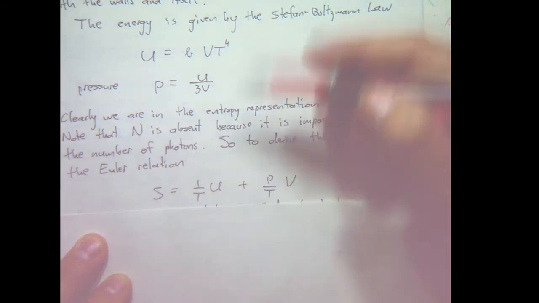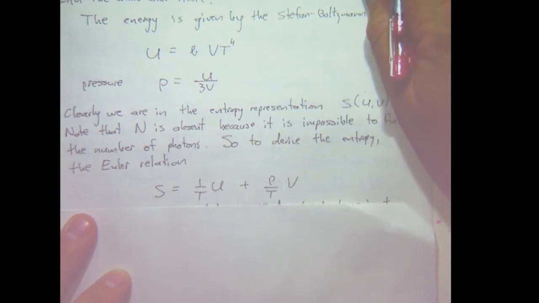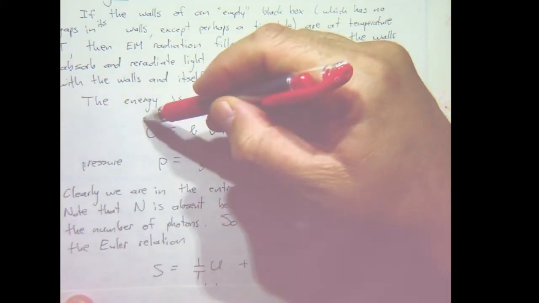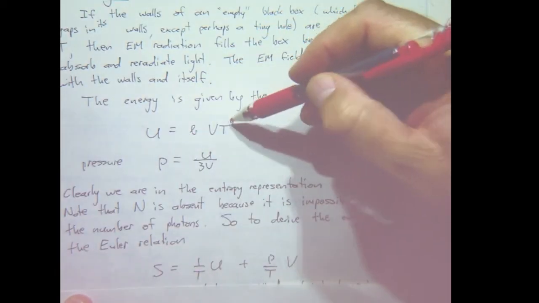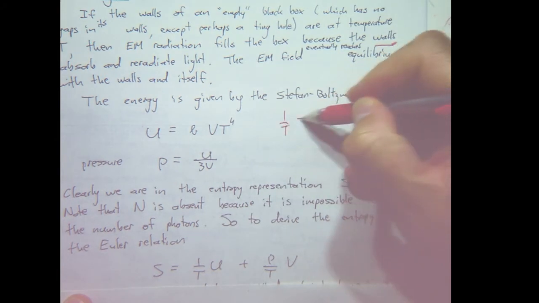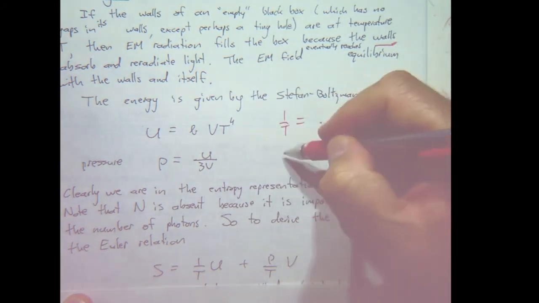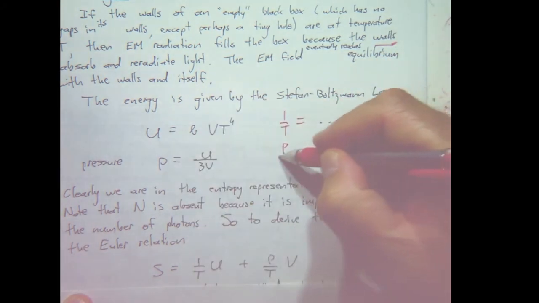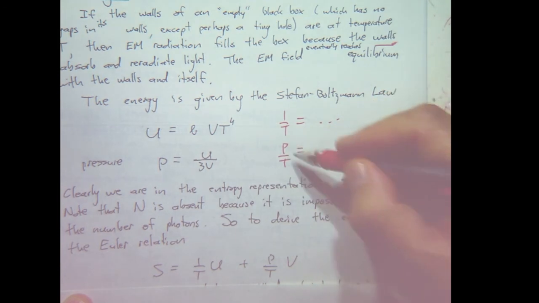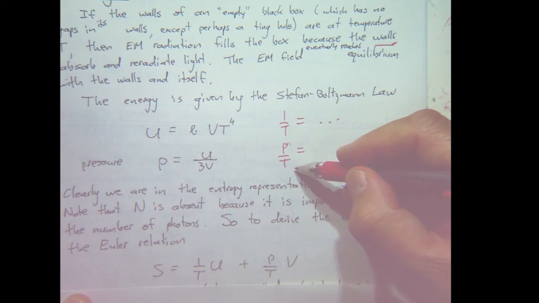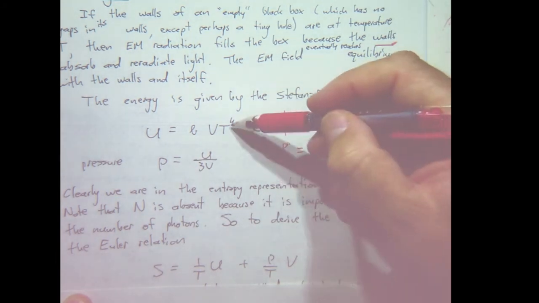So that just means that you have to put this equation into the correct form, 1 on T equals something. And you have to get another equation involving P, and it has to be P on T. You have to get it from somewhere.